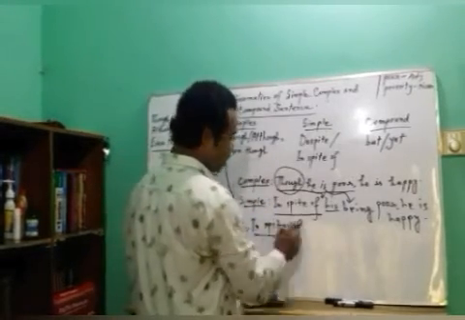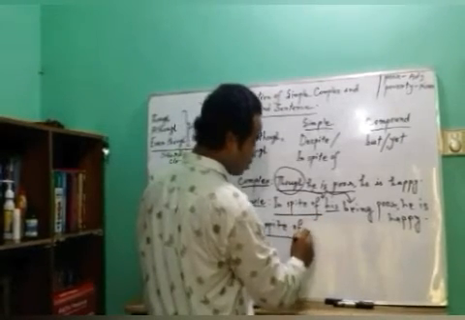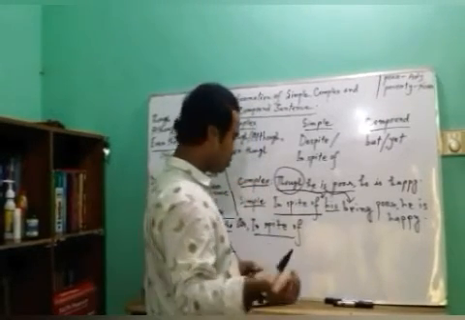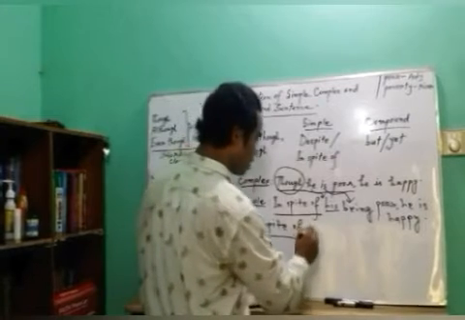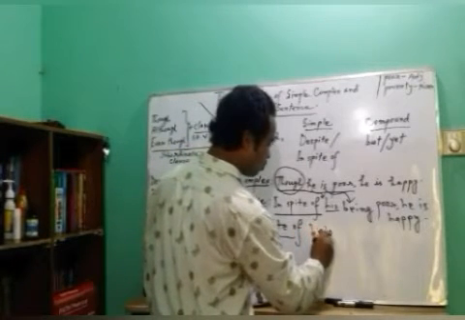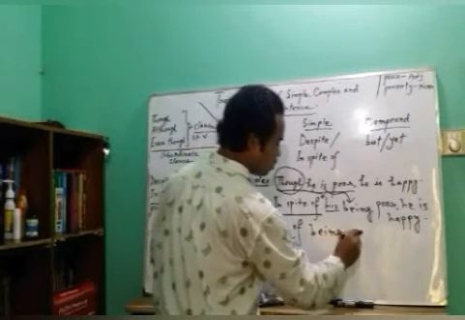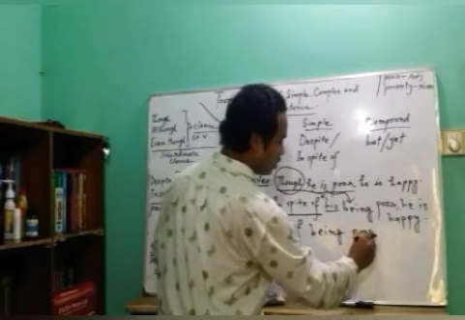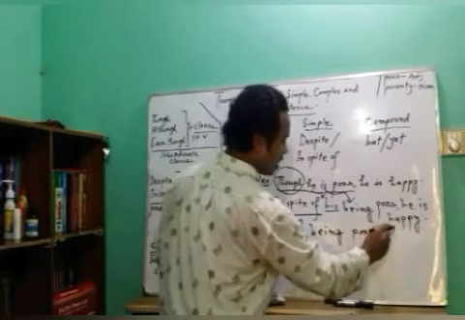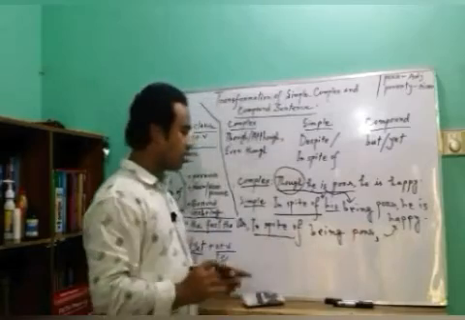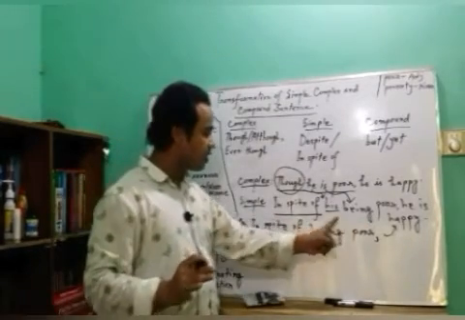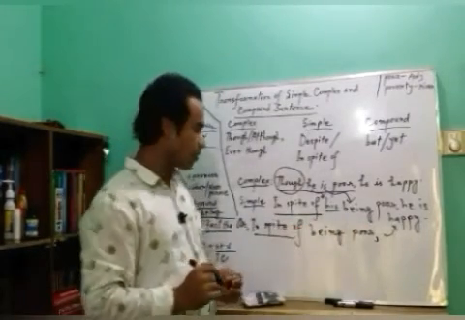So in spite of being poor is also possible. In spite of being poor, he is happy. It's also possible. Here we have not used the possessive adjective.